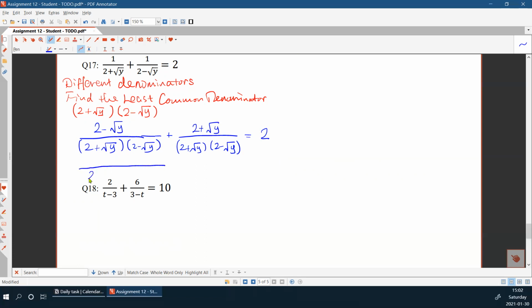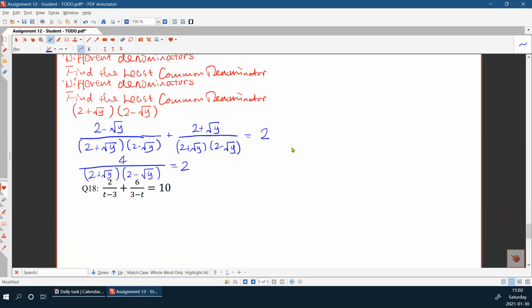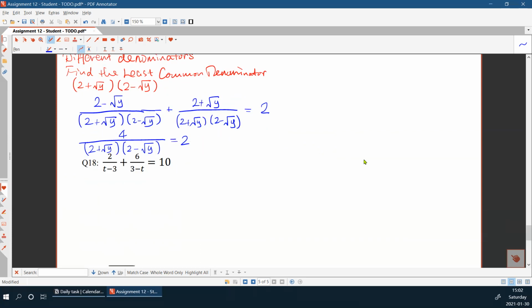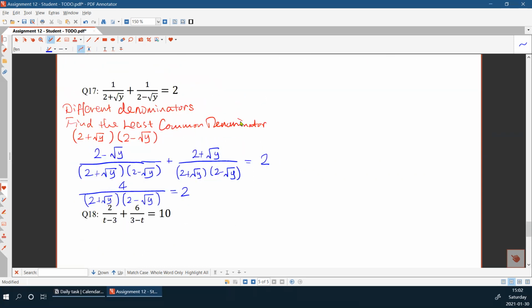Okay, so now we can merge the first two terms, right? It becomes 2 plus square root y times 2 minus square root y. Add the numerators together, which gives us a 4, right? And of course, note that we should use a formula like a plus b times a minus b, this is a squared minus b squared, right?